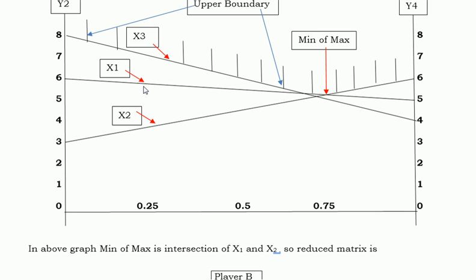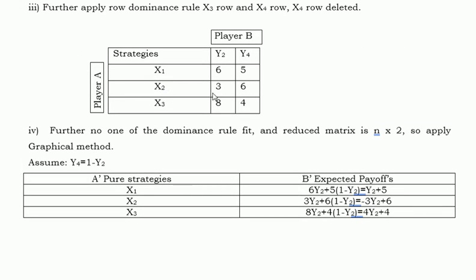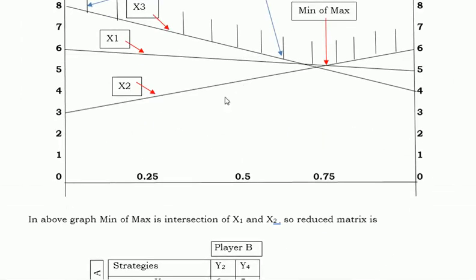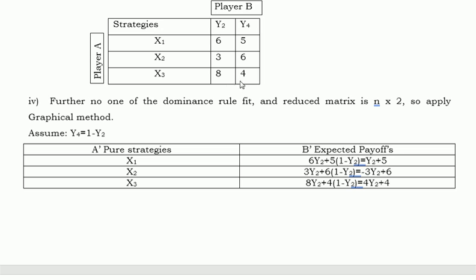Similarly for x2, y2 is 3 and y4 is 6. Join these two by a linear line, that is x2. Similarly, the third one, 8 and 4.